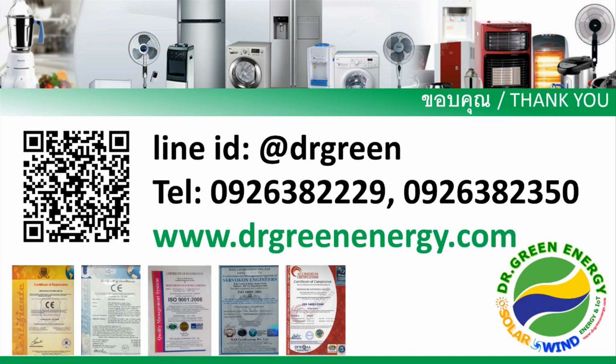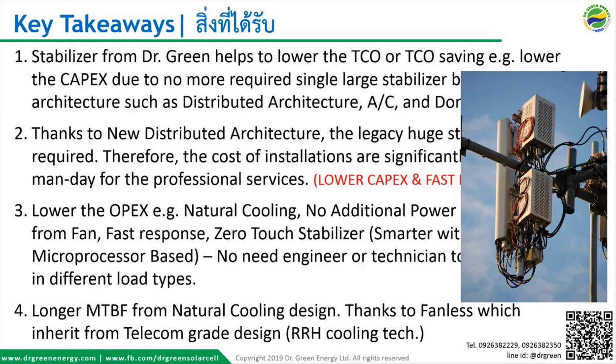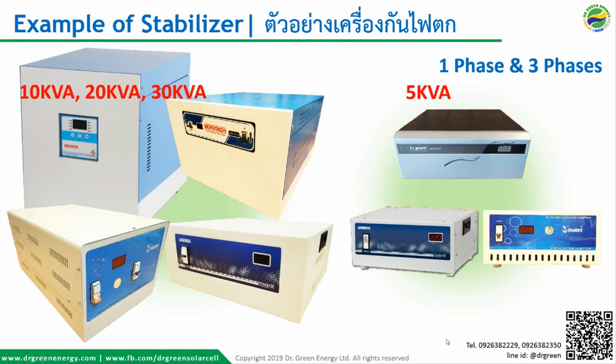So how to solve the voltage drop issue in the peak hour, the time range when people use electrical appliances when they come back home? To solve the voltage drop problem, you can use the stabilizers.